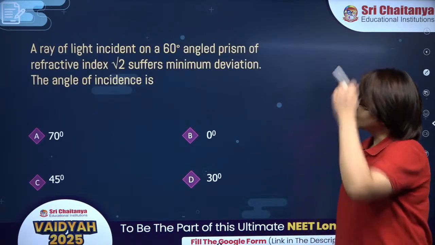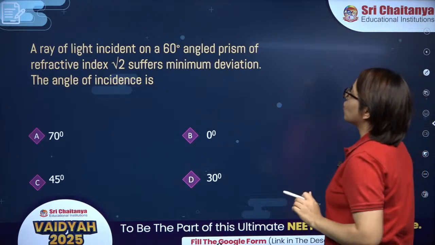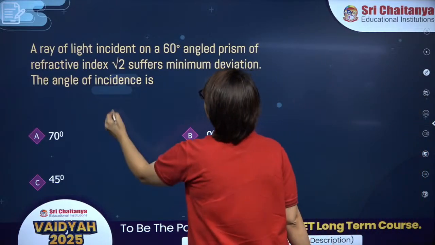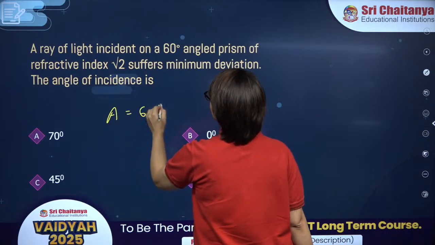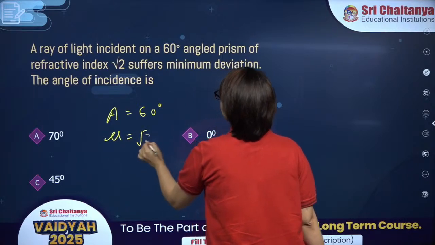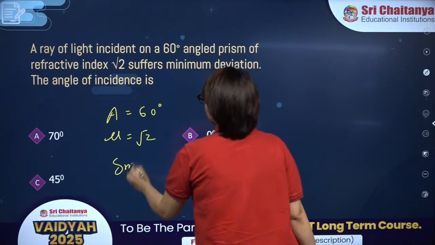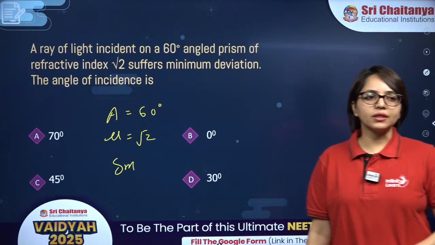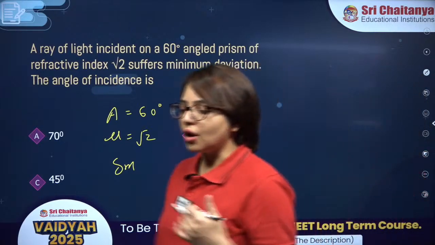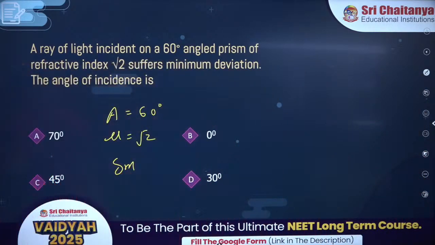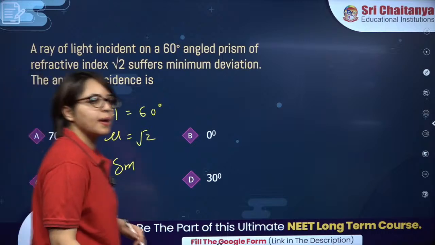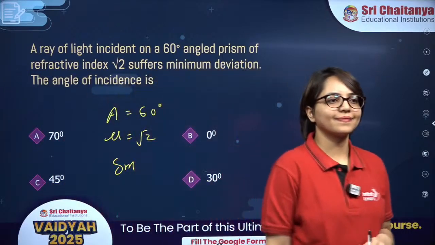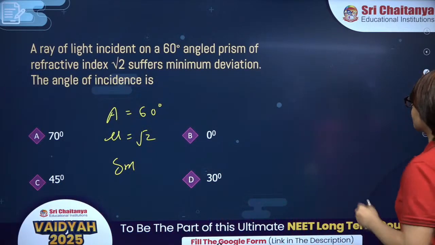Next is this one. A ray of light incident on a 60 degree angled prism of refractive index root 2 suffers minimum deviation. The angle of incidence is? This is a question from ray optics, from the prism topic. Try this one. You can apply this formula.